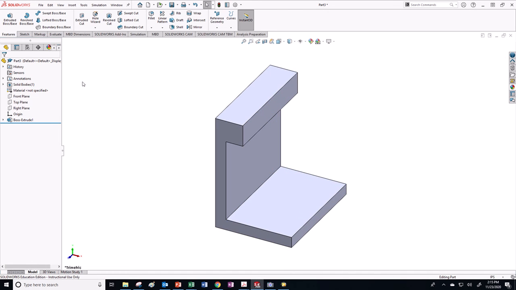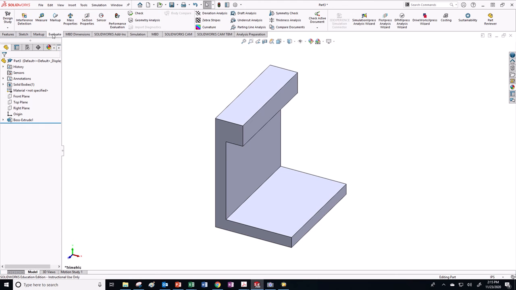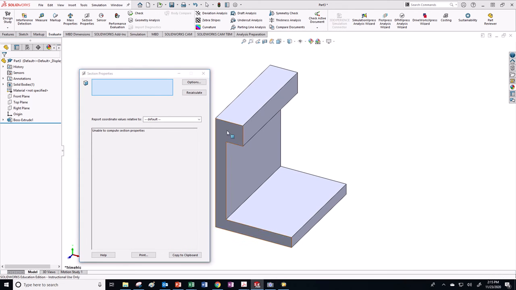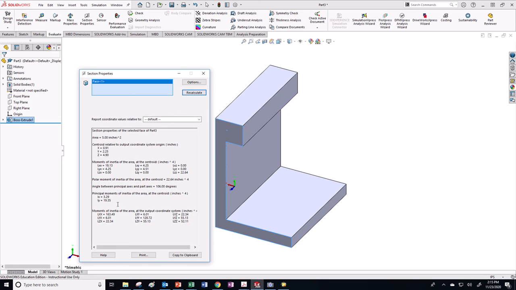And let's take a look at our evaluate, and we can see section properties. Oh, it came over here on my other screen. There you go. I select that and hit recalculate. And so for the moments of inertia at the centroid, you can see that I have 18.13. So that matches up with hand calculations and the Excel spreadsheet.